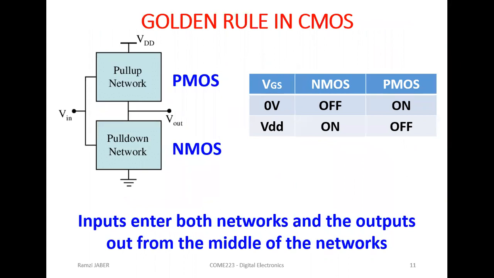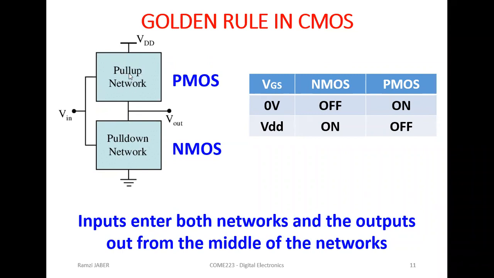Now, please, this is a very important slide called the golden rule in CMOS design. We have only one rule in CMOS transistor circuits, but it's a golden rule: all the inputs will enter both networks, the pull up network and the pull down network. We have two sub-circuits.